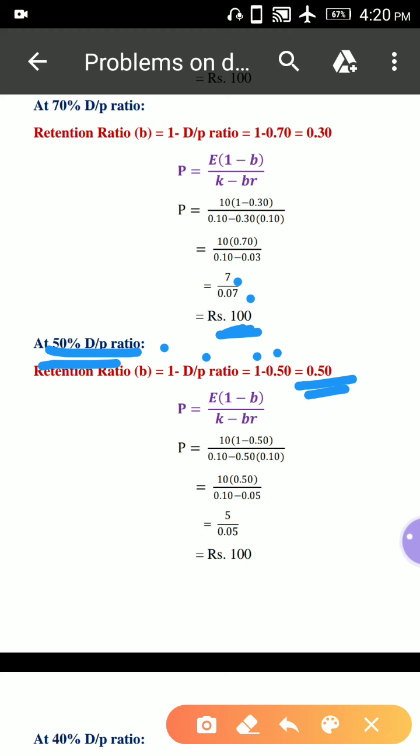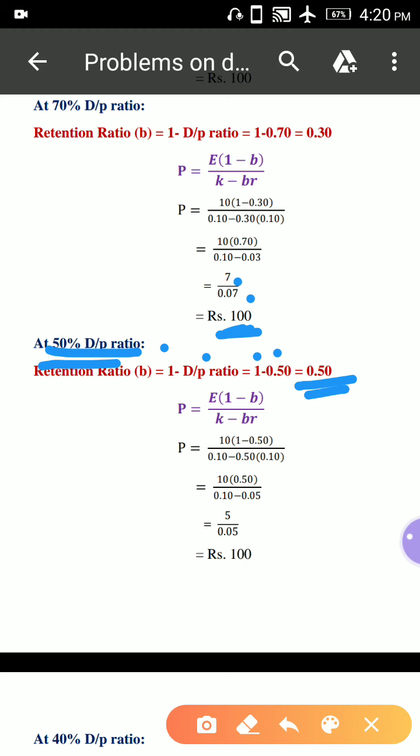Now 10 into 1 minus 0.50, 0.50, divided by 0.10 minus 0.50 into 0.10, that is equal to 0.05.